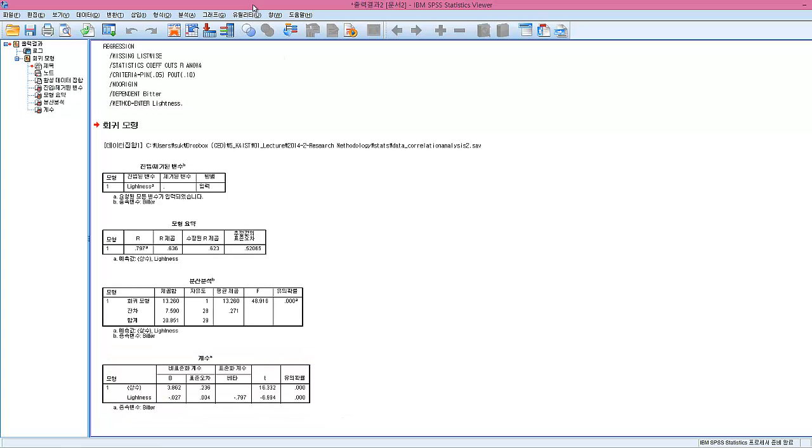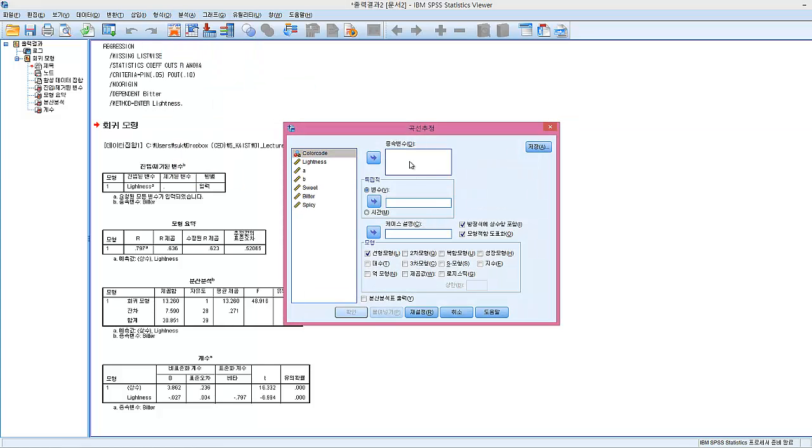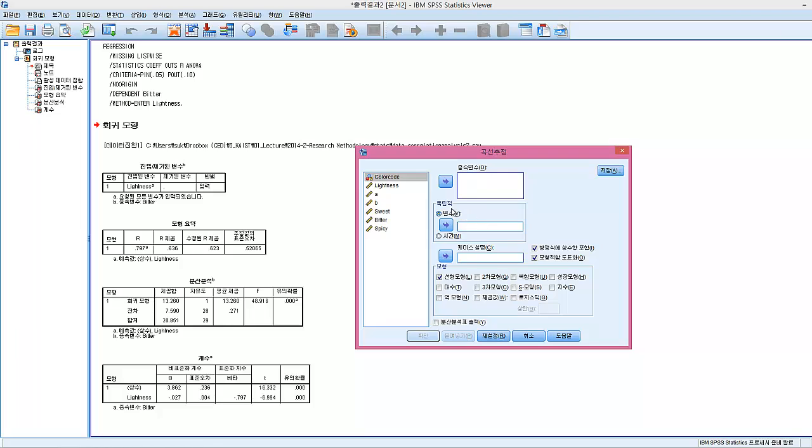Then let's try out a curved shape. So we take lightness as the independent variable and bitterness as the dependent variable, and here actually you can get the linear model as well.